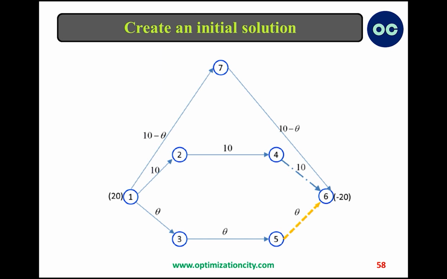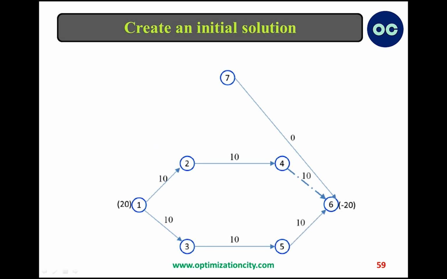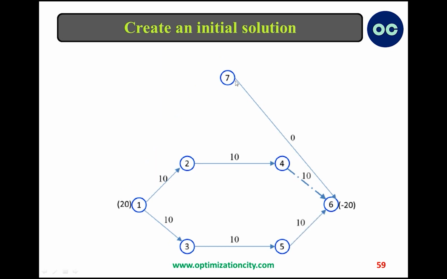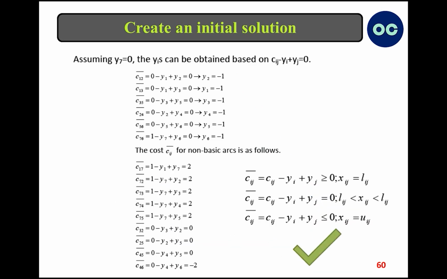So you can see that here, arc 1, 7 is removed from the base, and this is the basic solution for this iteration, and the objective function in this iteration is equal to 0.